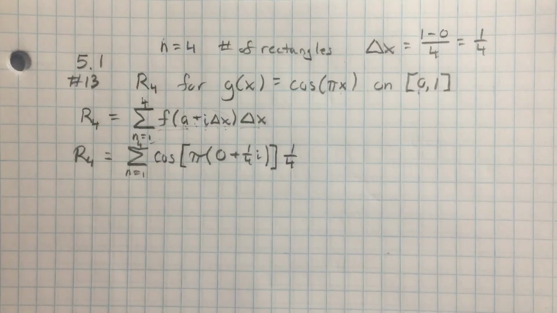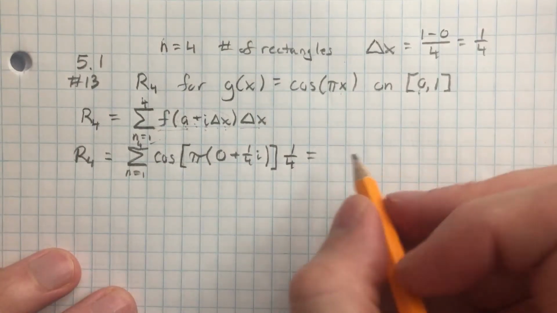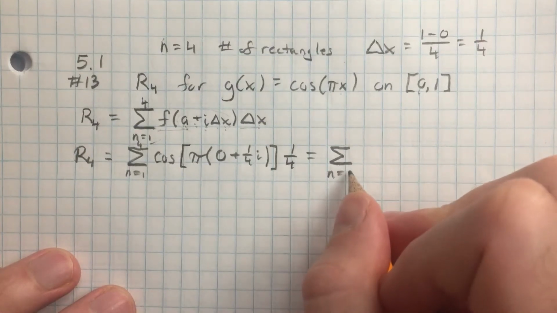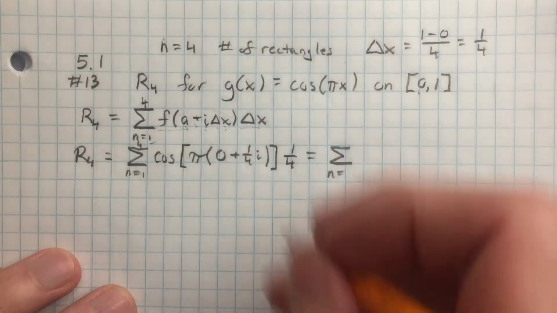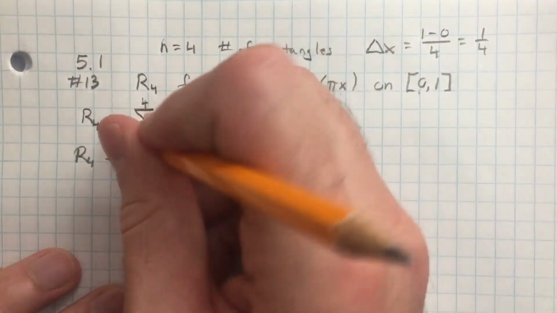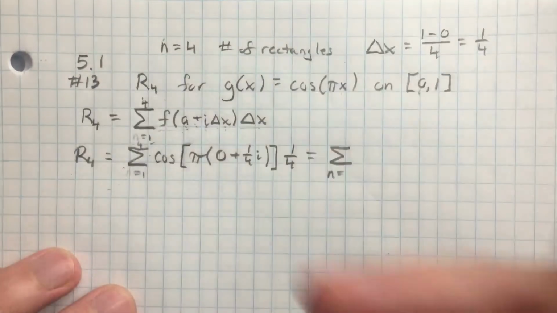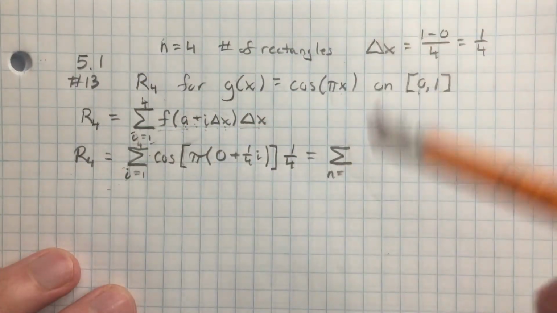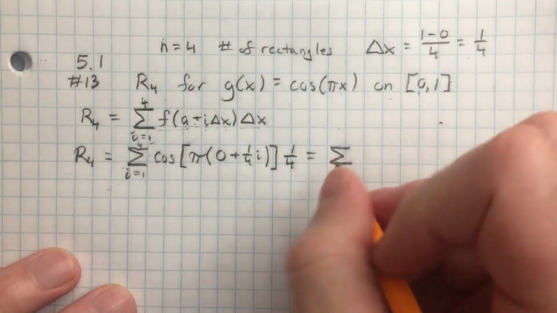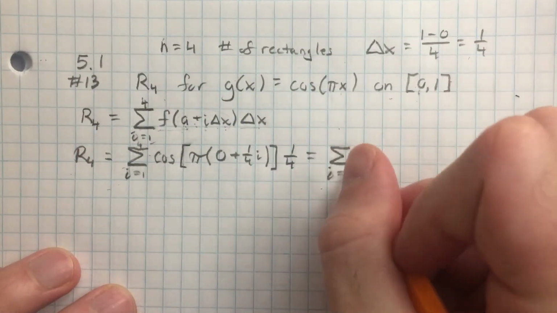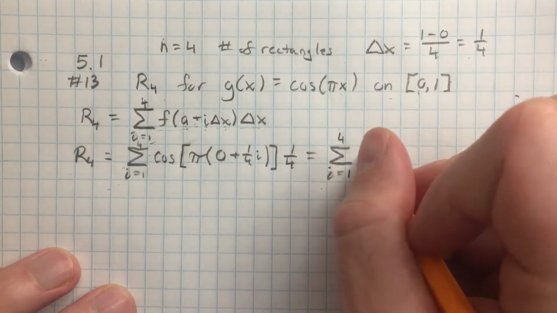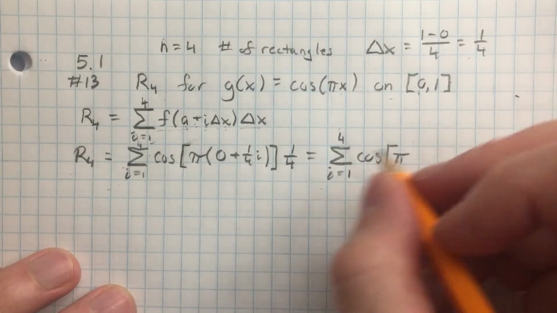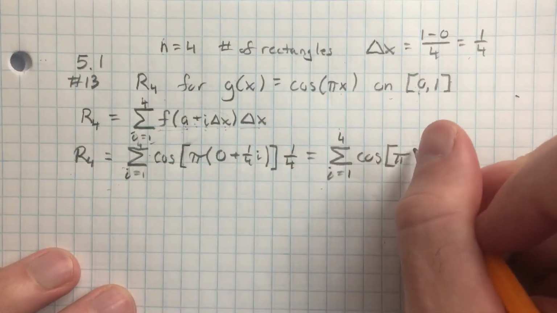So there. Again, write it a little more nicely without the 0 there. I just wrote it first to see what's going on, but it's totally unnecessary. So the sum i equals 1 to 4 of cos of pi i on 4, right?